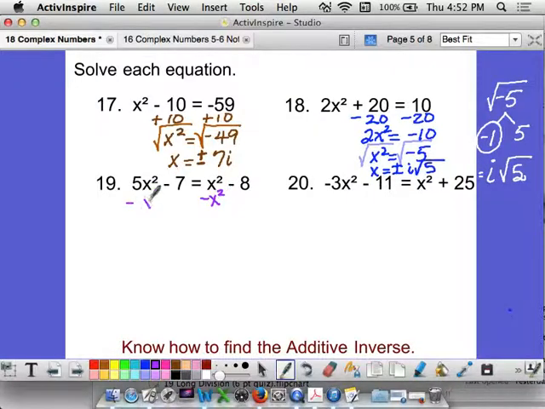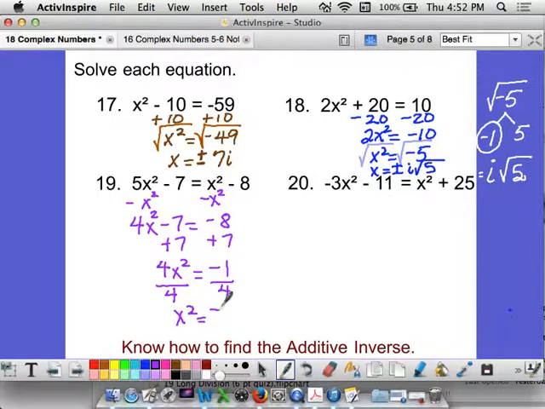Subtracting x squared from both sides, I have 4x squared minus 7 is equal to negative 8. Now add 7 to both sides, so I have 4x squared is equal to negative 1. Then we're going to divide by 4, and I have x squared is equal to negative 1/4.